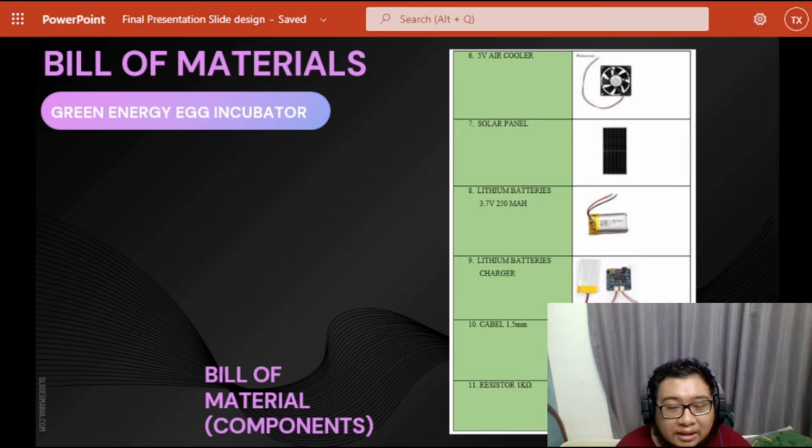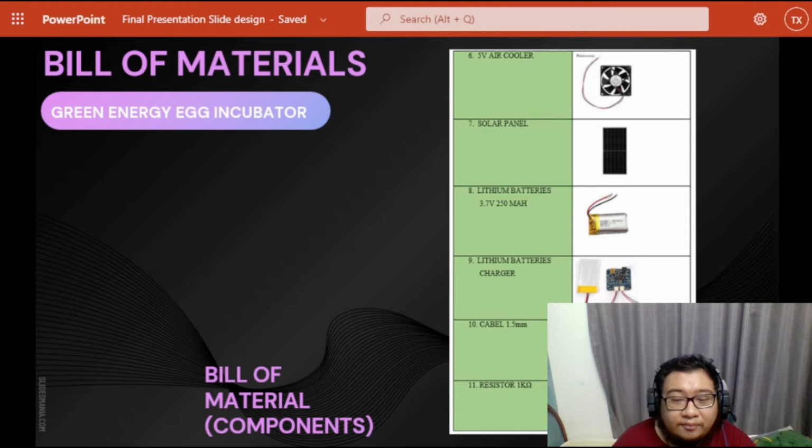the container. Next, we are using the solar panel to store energy, and then we use the lithium battery 3.7 volt 250 milliampere. We also use the lithium battery charger to charge the battery. Next, we are using the 1.5 mm cable to connect between components. We also use a resistor to prevent overload.